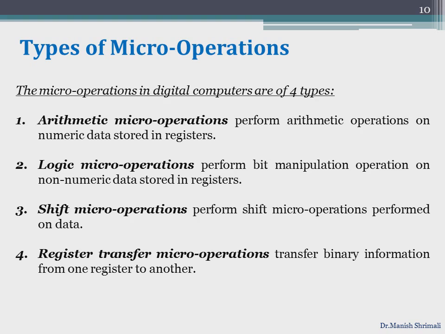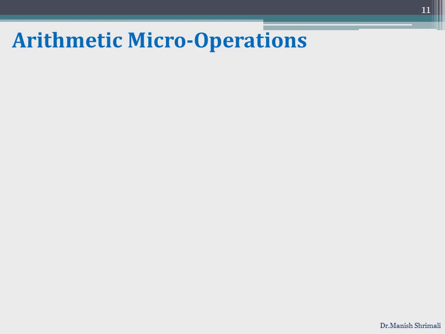The logical micro operations perform bit manipulation operations on non-numerical data stored in registers. The shift micro operations perform shift operations on data. The register transfer micro operations transfer binary information from one register to another.